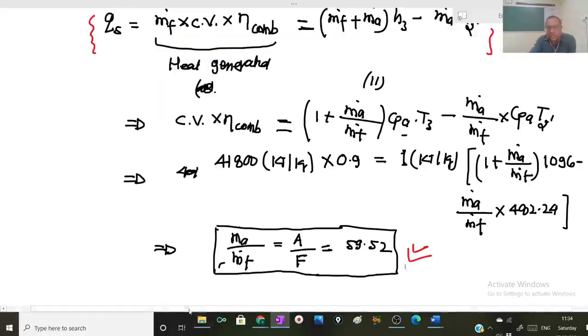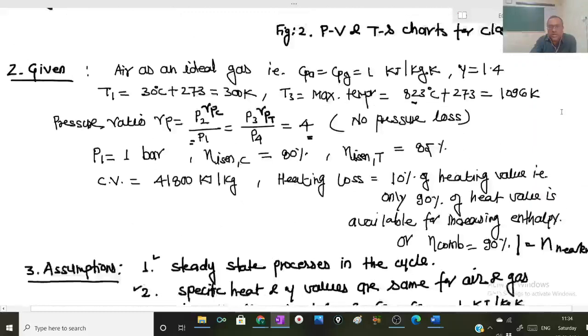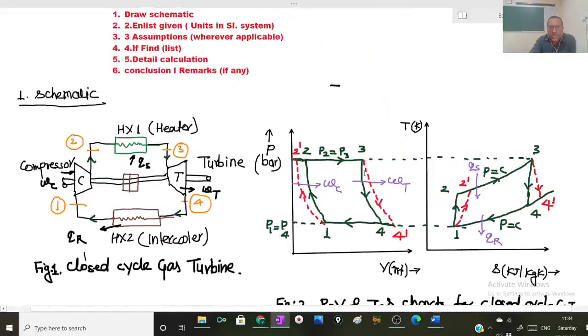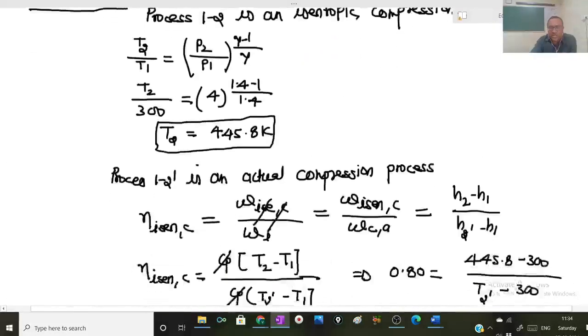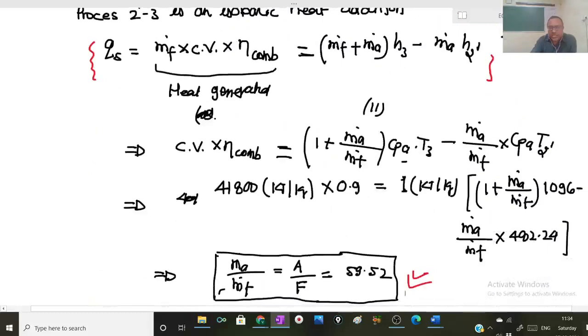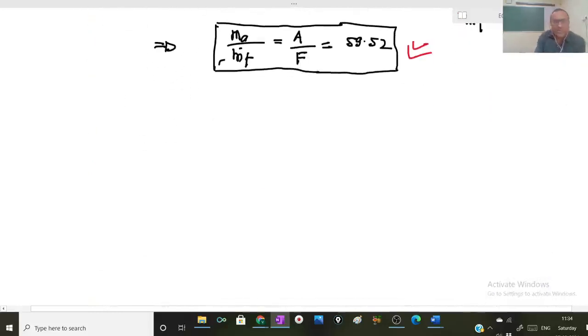Now let us move to the process 3 to 4. 3 to 4 is isentropic expansion in the turbine, and 3 to 4 dash is the actual expansion in the turbine. Considering these two processes will give me the values of T4 and T4 dash.